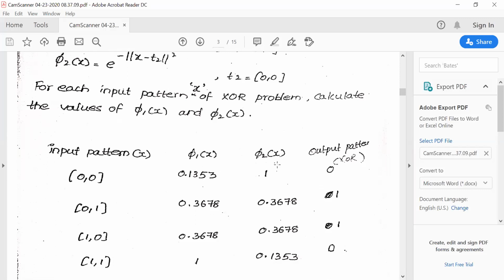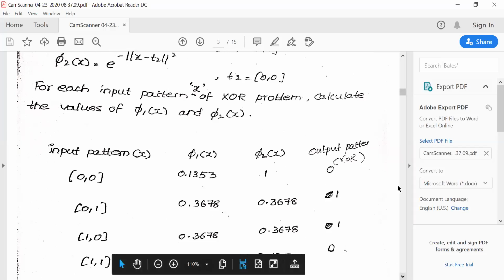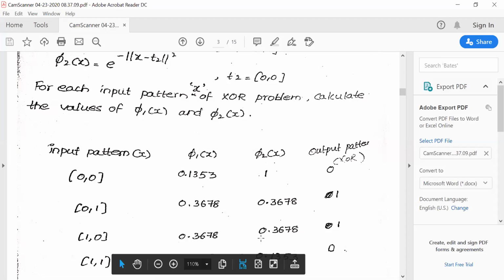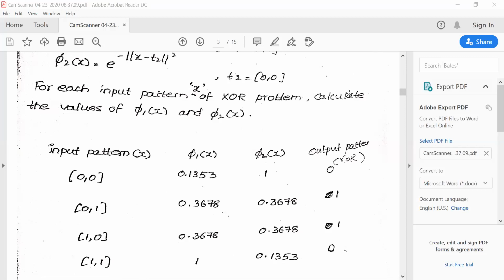So 0.1353 is phi1, and what is phi2 of x? By using the same formula, x minus t2, it is (0,0) minus (0,0), so 0 minus 0 whole square plus 0 minus 0 whole square. You can see there is no difference between the given two terms.